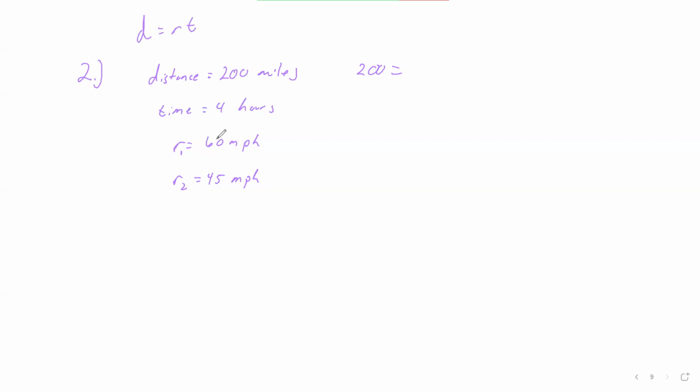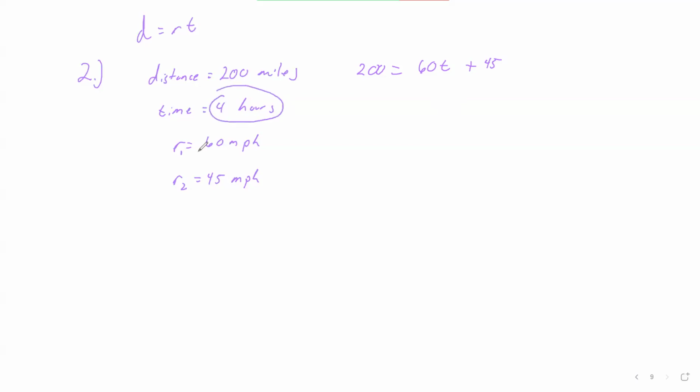Do I know how long he traveled at 60 miles an hour? No. So we can call it what? 60T. I don't know how long he traveled at 60 miles an hour, but for some time he traveled 60 miles an hour. Plus, he then traveled 45 miles an hour, and I still don't know how long he traveled, but I don't want to bring in a new variable because then I can't solve it.